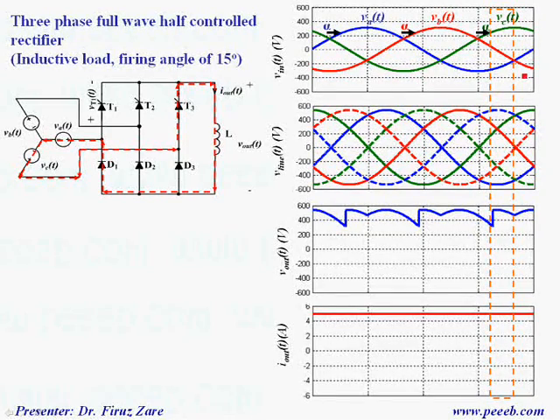So finally over this period we apply gate signal to the third thyristor, and the reason is that phase C is greater than phase B and phase A. So once we apply gate signal, this terminal, which is phase C, is connected to this terminal. So that's why this terminal has this voltage.